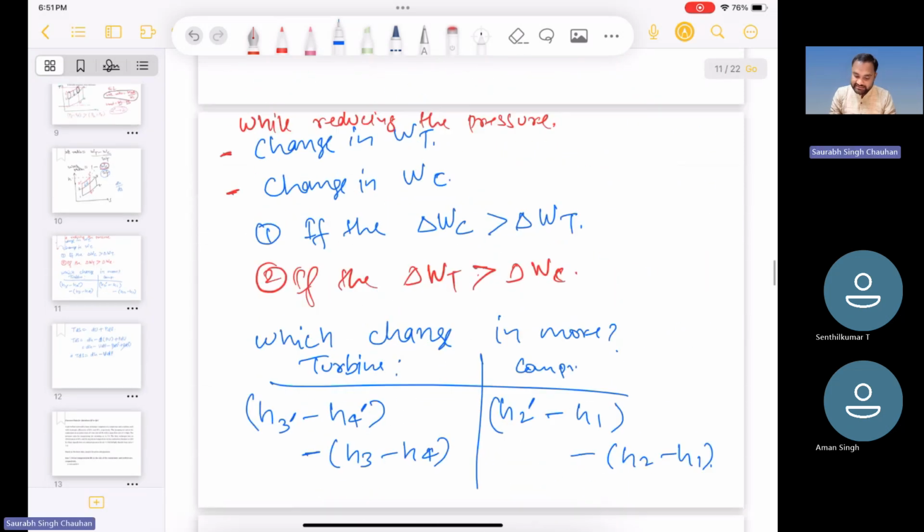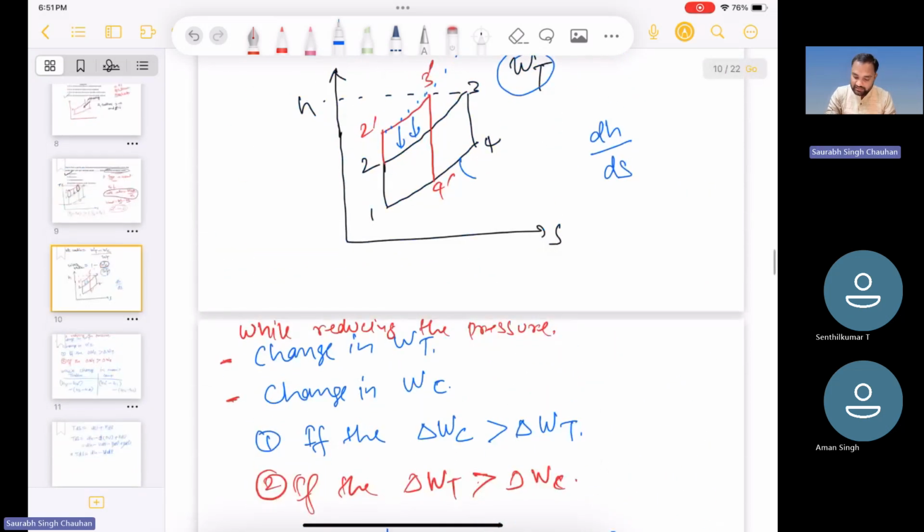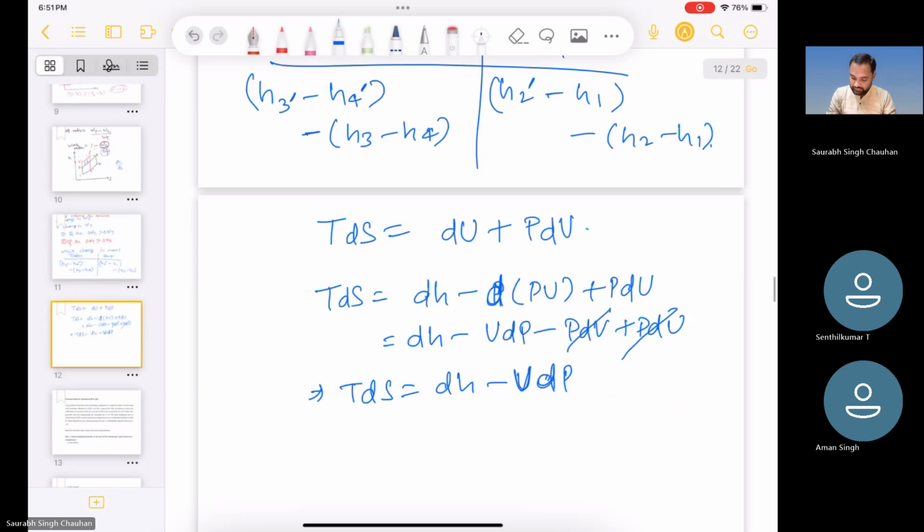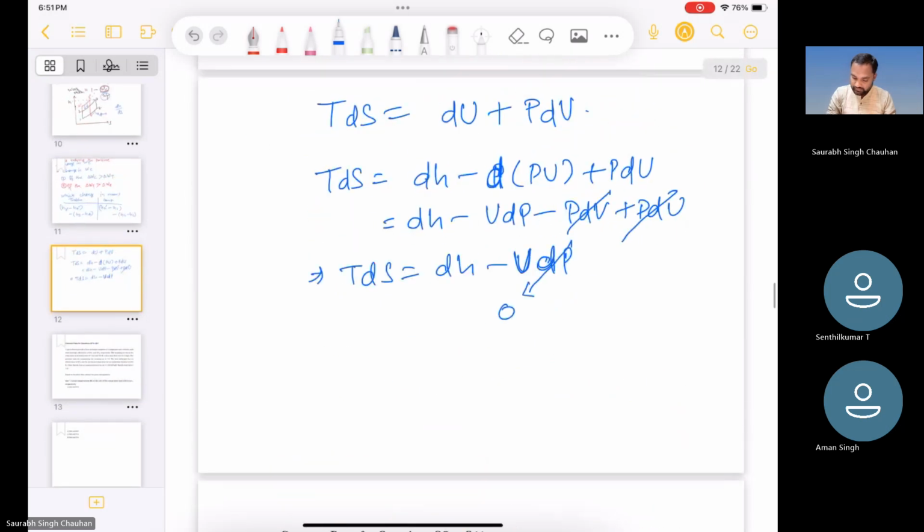Okay. And since these lines are constant pressure lines, dP is 0. So dH by ds is temperature, right? Is this clear?